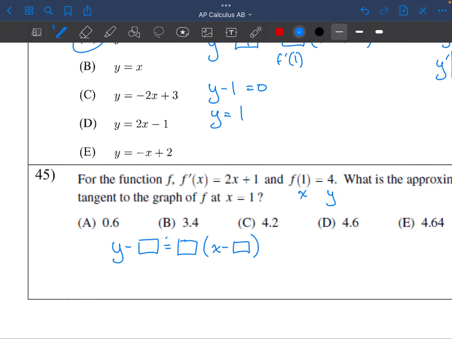And we know the x value is 1, the y value is 4. They already took the derivative for us, which is nice. So I just need to plug in x is equal to 1. So 2 times 1 is 2, 2 plus 1 is 3, which means that the derivative is 3.